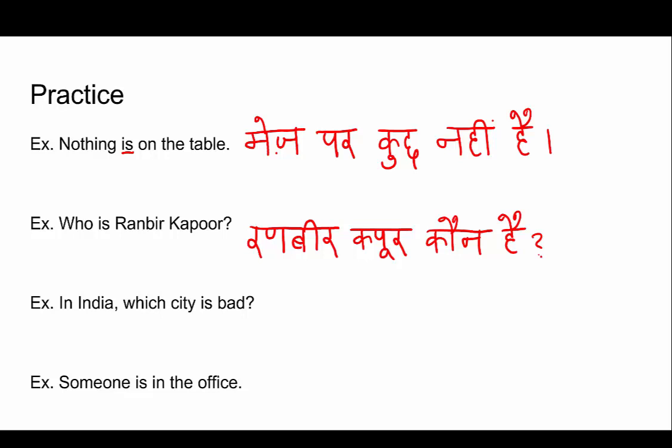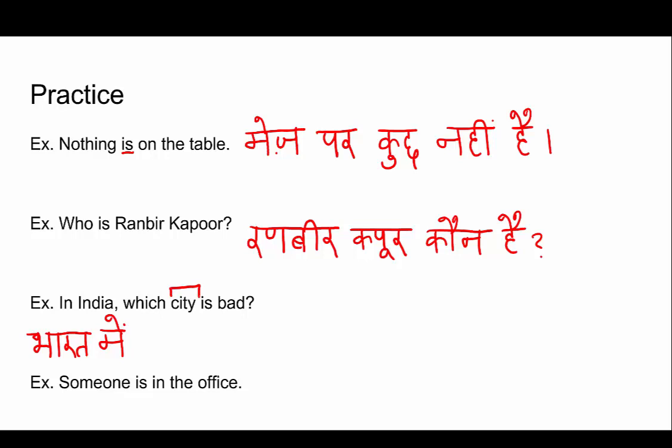In India, which city is bad? We can start with the in India part, which is Bharat mein. Now we know the word for which in Hindi is kaunsa/si/se. And to determine whether we use either sa, se, or si, we have to know the gender of the succeeding noun and whether the succeeding noun is singular or plural. Well, in this case, we know that the succeeding noun city is singular.